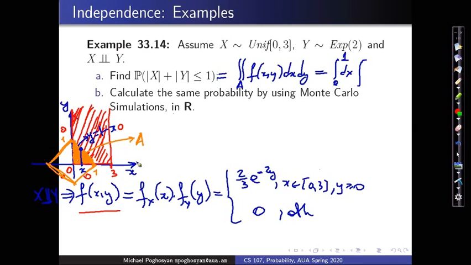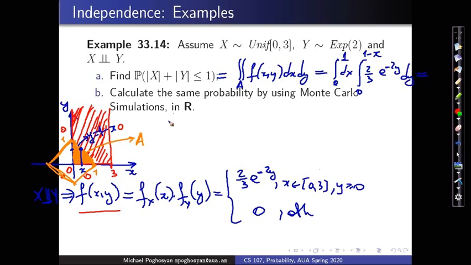So y is from 0 to this height, from 0 to 1 minus x. And I need to plug in f, which is 2 over 3 e to the minus 2y dy.